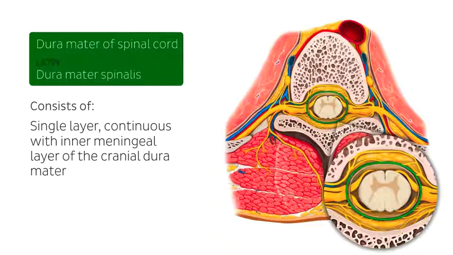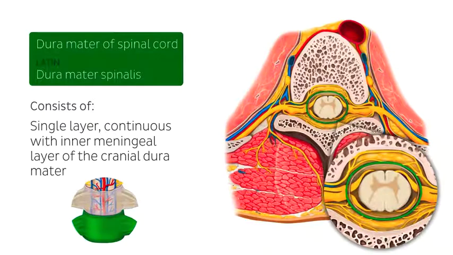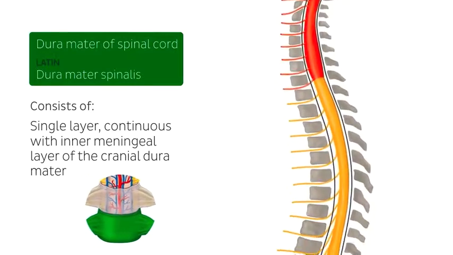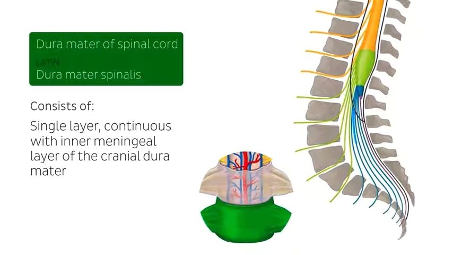The dura mater forms a dural sac around the spinal cord, which runs independently within from the foramen magnum to the level of S2 or S3, where it then continues inferiorly as part of the filum terminale, which firmly anchors it to the coccyx.